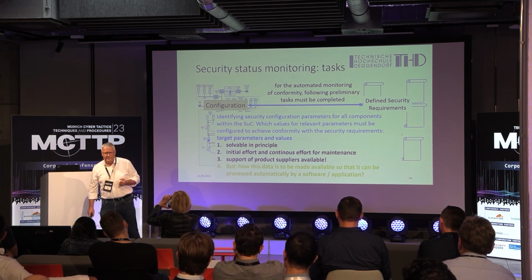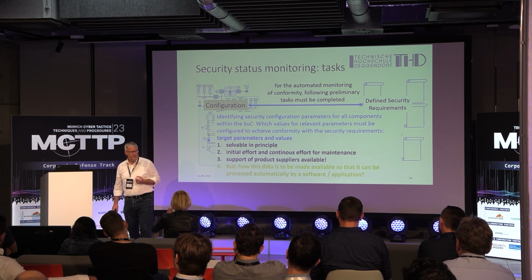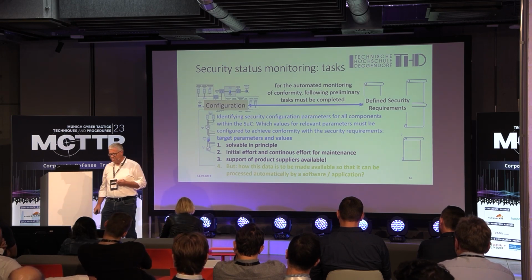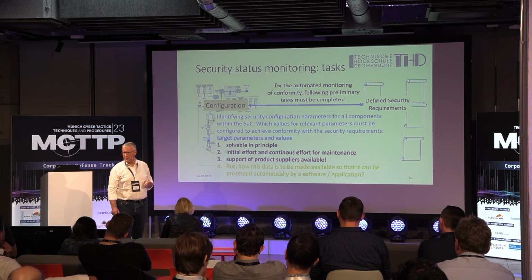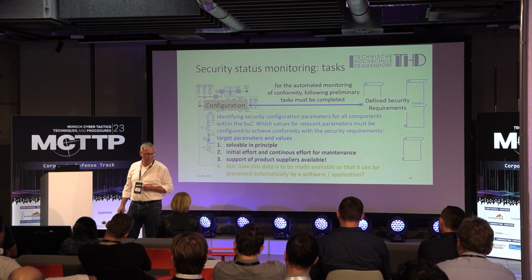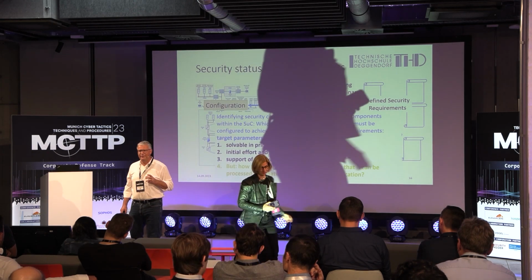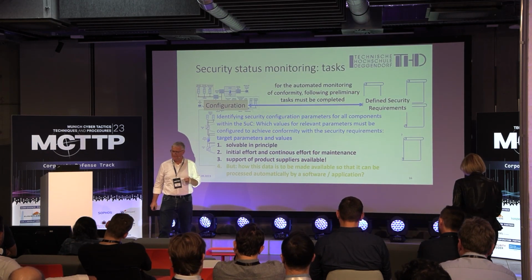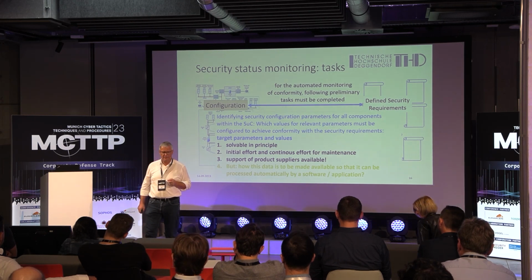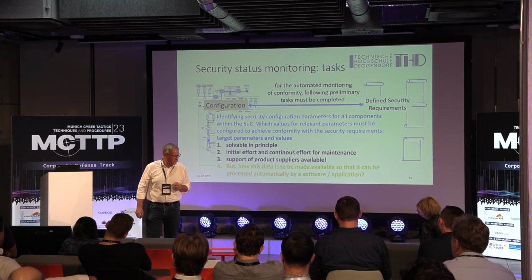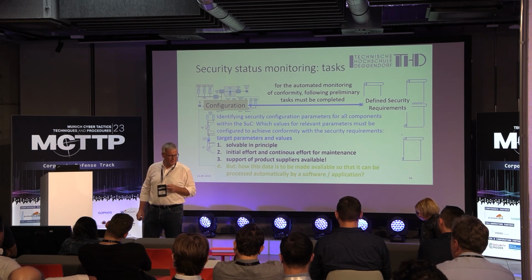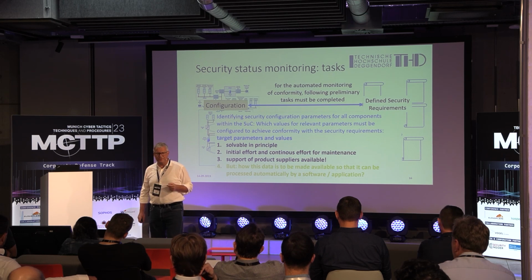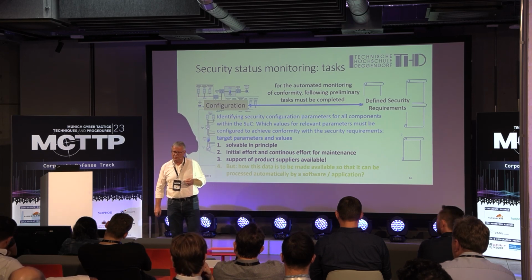So solvable in principle. We also have support by the manufacturers, because they normally write something like a manual, and in this manual, if the manufacturer is mature enough to do that, the parameters are given and then the correct values for the parameters to have a good security configuration for the component. We did it, for example, for an industrial switch.